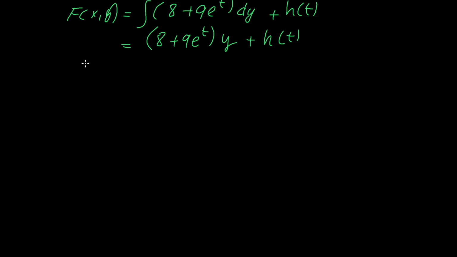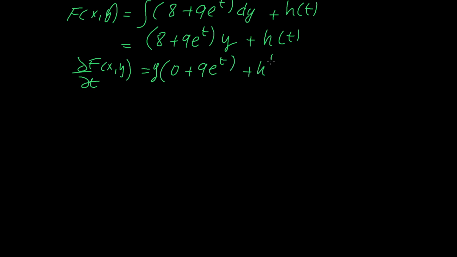Okay, so the next step here is to differentiate with respect to t. And 8 becomes 0. Of course, y is not t, so just y. It's also a factor, and this is 9e^t plus h prime of t, which will equal the M, which is 9e^t y minus 5t e^t.